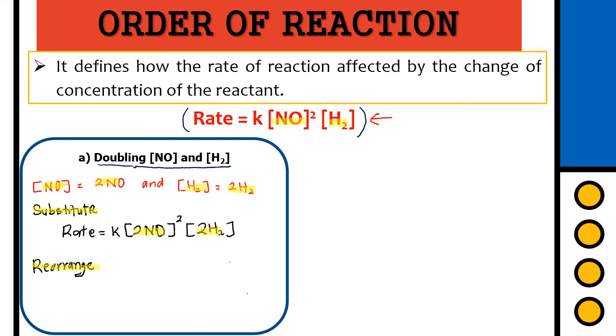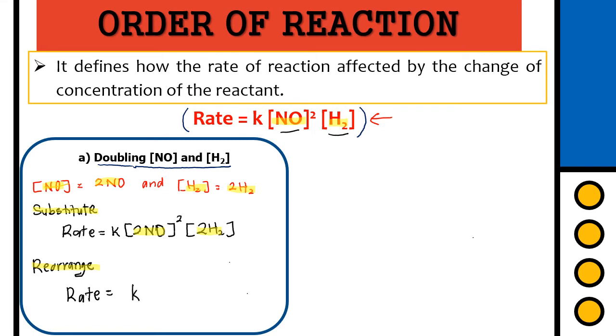We want it to be like the original rate law. So what we will do here is rearrange by leaving only the NO and H2 terms. So now rate equals K. So I have my K here.